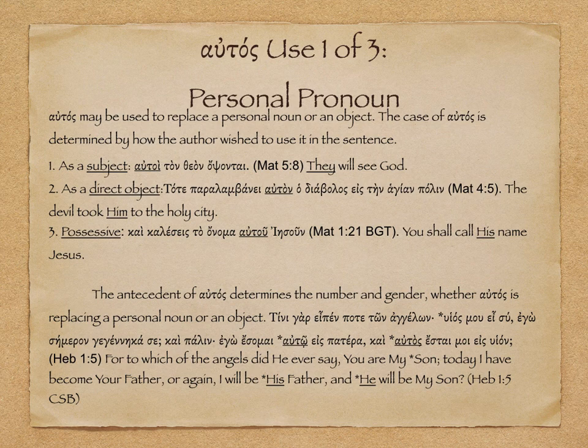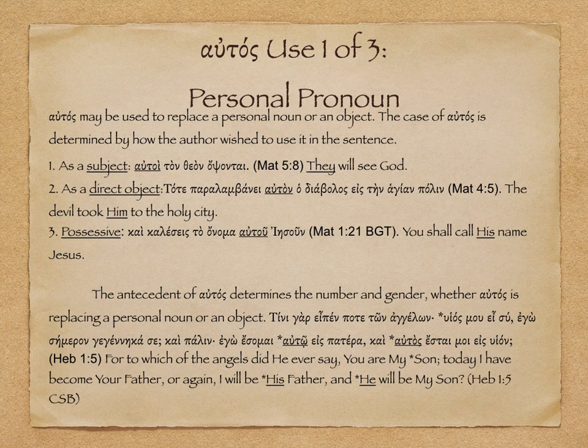One thing we need to be aware of with the personal pronoun, the antecedent of autos determines the number and gender of autos in a sentence, whether autos is replacing a personal pronoun or object. Here's an example from Hebrews 1:5.